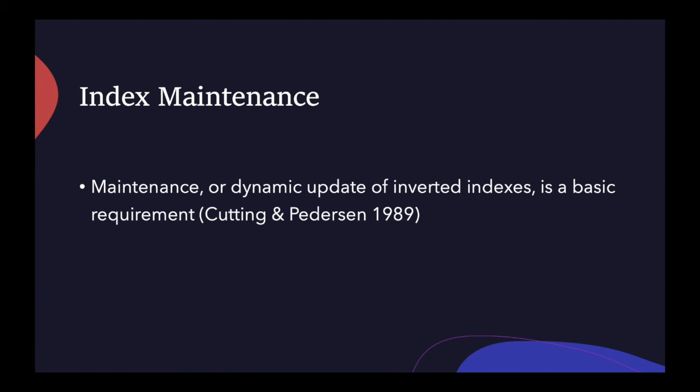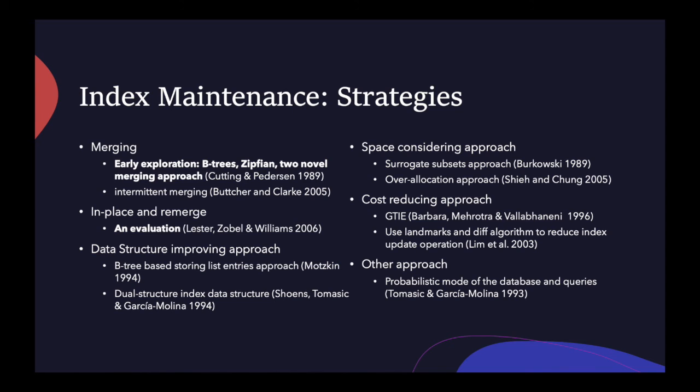Maintenance or dynamic update of inverted indexes is a basic requirement. Some common strategies include approaches such as rebuilding and merging. Much work in this field has been done and targets different aspects. Cutting and Pedersen are pioneers who first examined the problems posed by updating text indexes.